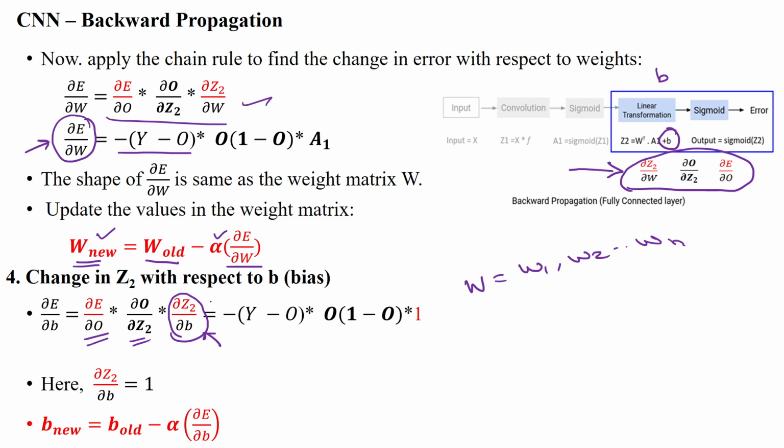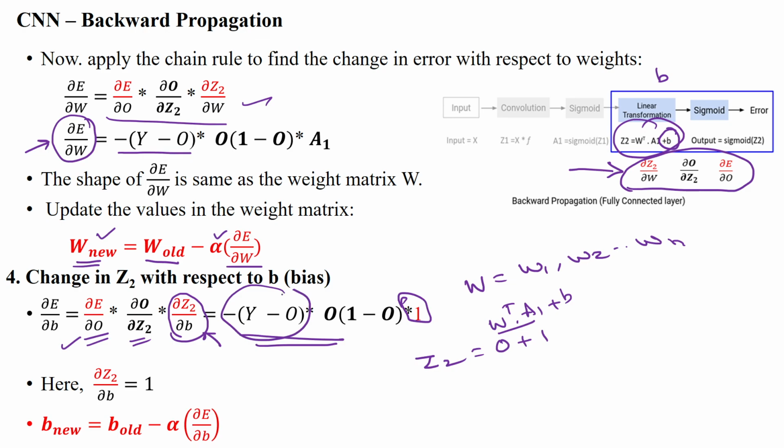When you are applying dou G2, G2 is here, the formula is this one, so the first term becomes 0, since the first term is W transpose into A1, so this becomes 0 plus B, so it becomes 1. That is what is given here. So when you are substituting the values, you will get this term is this one, and this term is this one, and this one is 1.